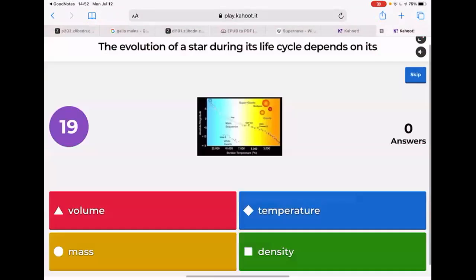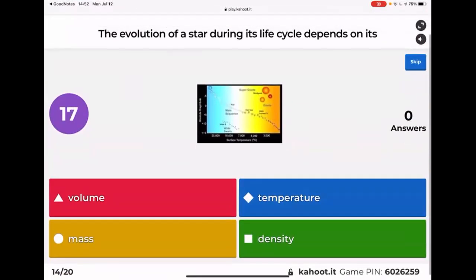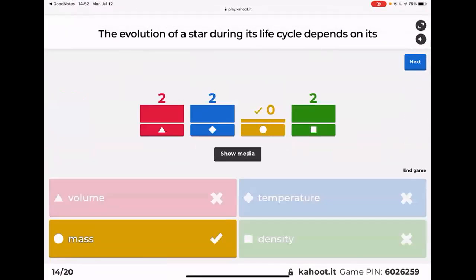All right. The life cycle of a star depends on its mass, right? Everything depends on mass. How massive a star is determines how gravity affects it.